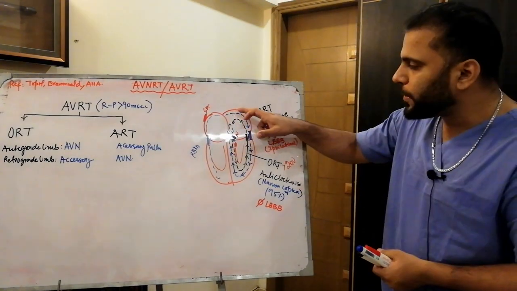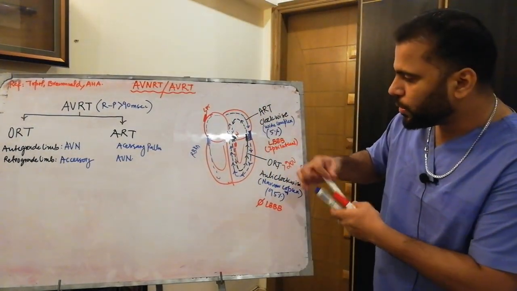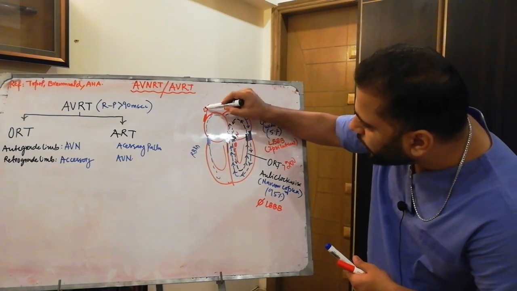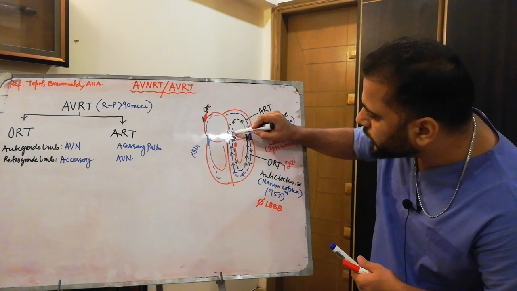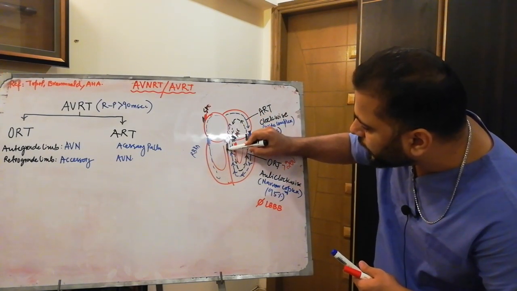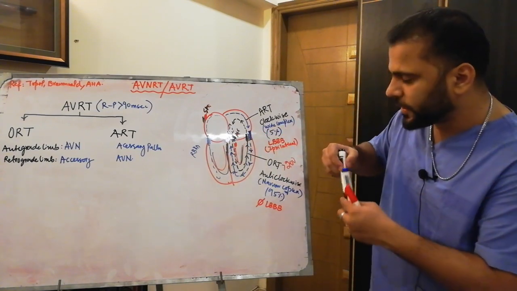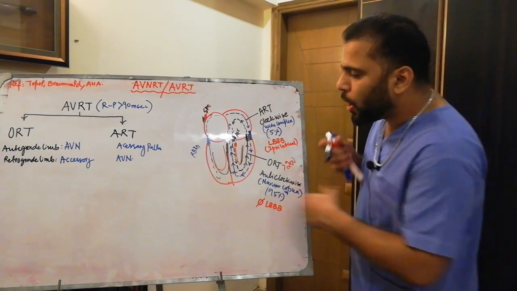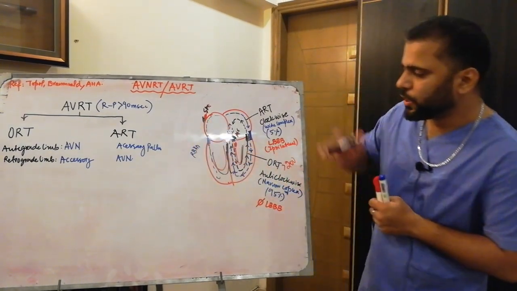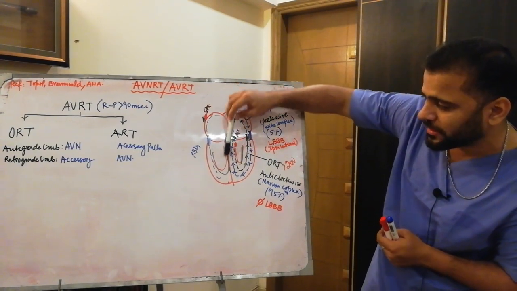Because whenever your impulse spreads through the accessory pathway, bypassing this system, the SA node, the AV node, the Purkinje fibers and the fascicles, it means you are blocking the impulse through here.